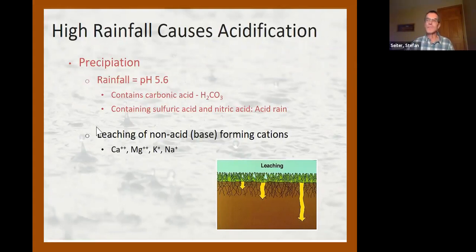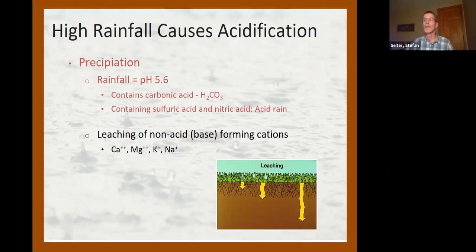And the other reason why the rainfall causes acidification is that the water that falls onto the soil, or the irrigation, basically leaches out some of these cations that are base forming. Bases are the opposite of acids. We have certain nutrients that are acid forming and other ones that are base forming.